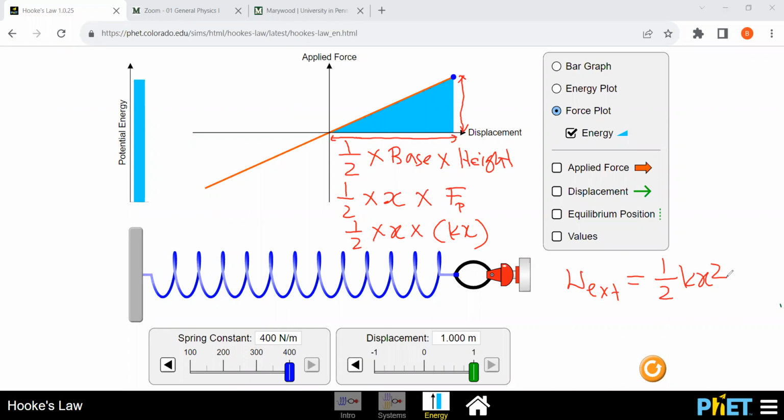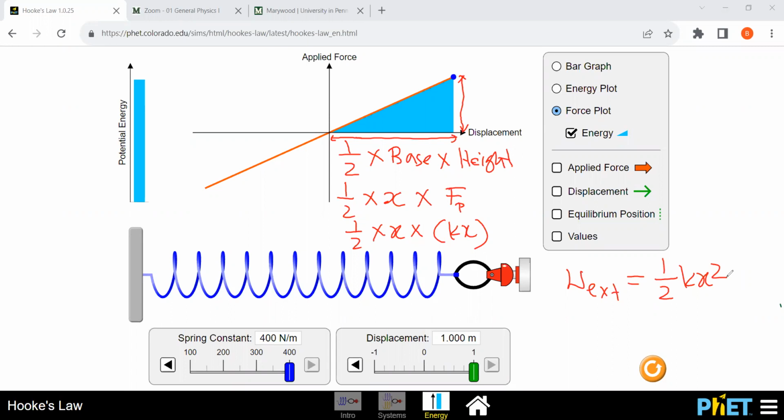Remember that when we have a force which is not constant, it's better to first draw a graph, force versus displacement, and then determine the area under the graph. Once we can determine the area under the graph, we are done.